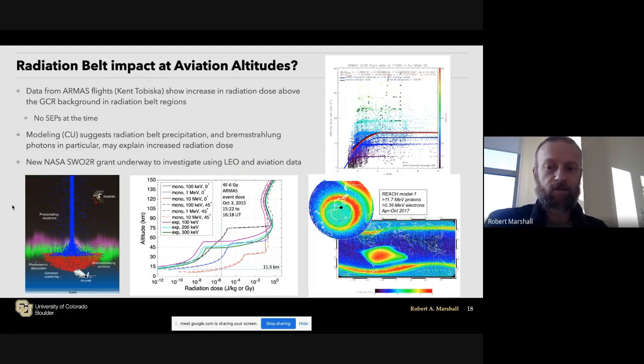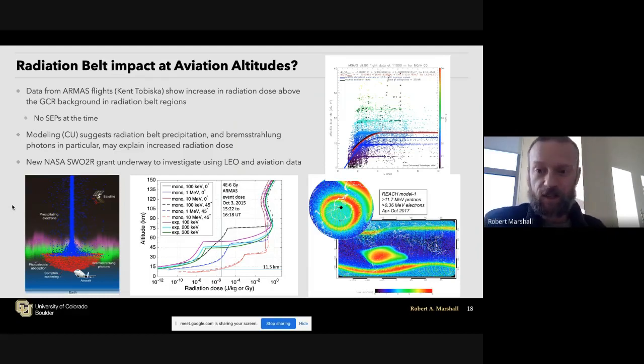And measurements have actually been made that are potentially indicative of radiation belt precipitation. So I'm pointing largely to Kent Tobiska, who's been collecting data in this regard for quite a number of years now. And the plot on the top right is his data. The black and red curve there is approximately a fit to the radiation dose that we would expect from galactic cosmic rays, GCRs.